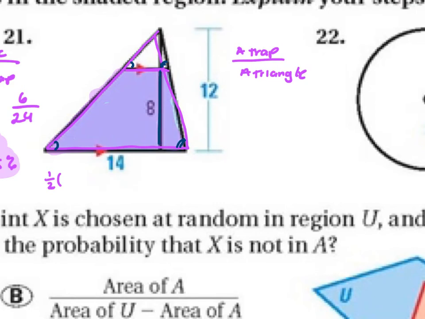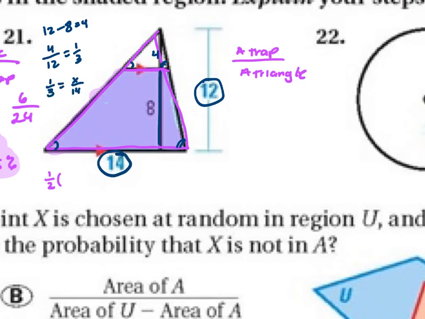So if this is 8 and this is 12, then 12 minus 8, I get 4. The ratio of the small triangle to the big triangle would be 4 to 12, or 1/3. So if I have 14 here, then I can say 1/3 equals what to 14? And x would equal 14 over 3.